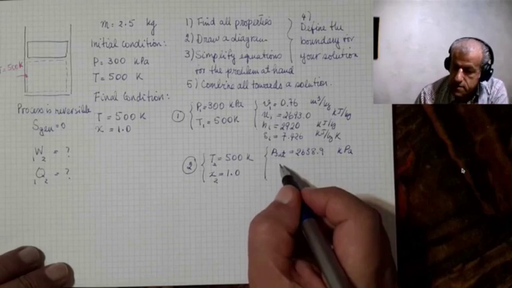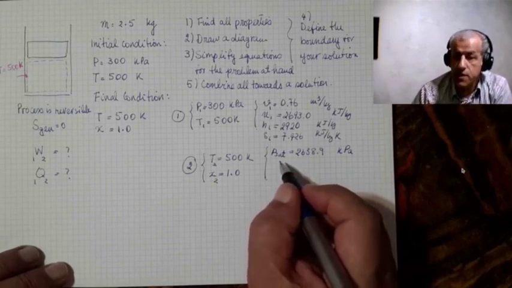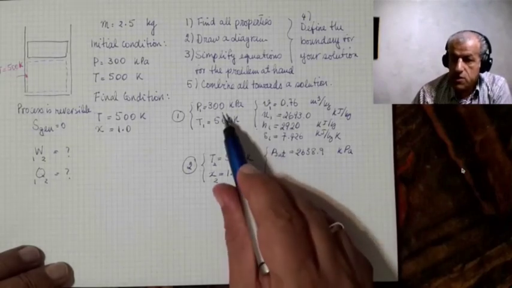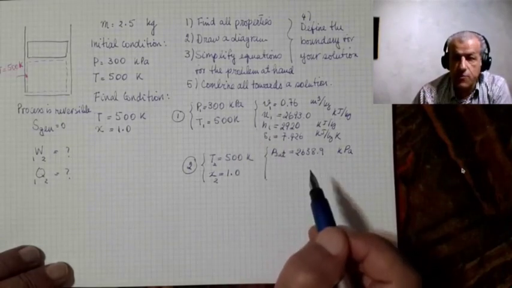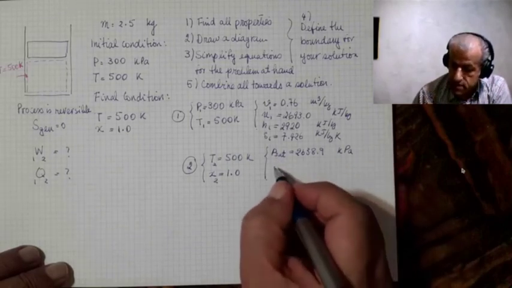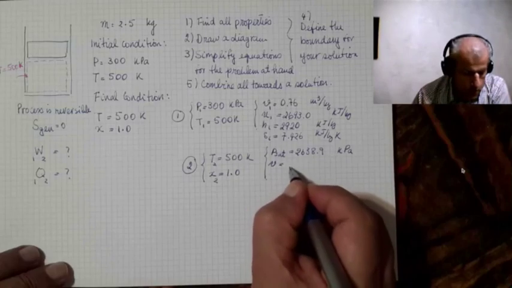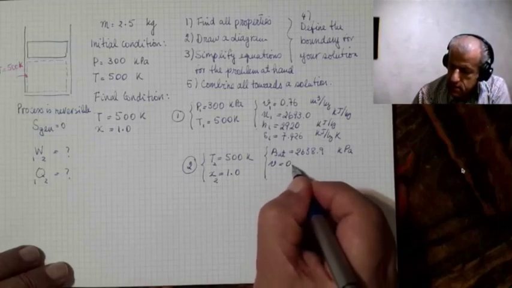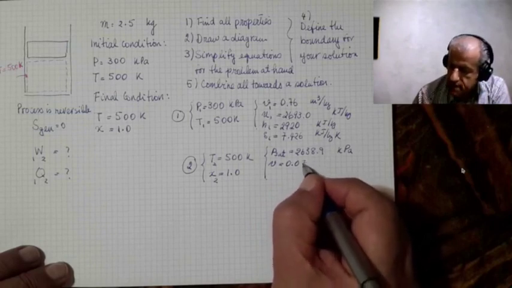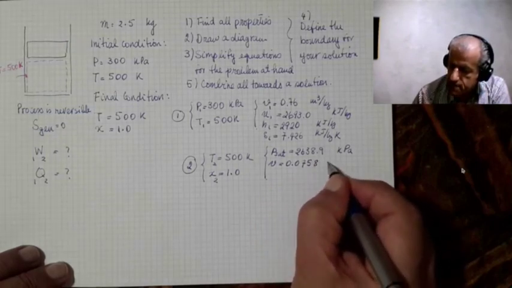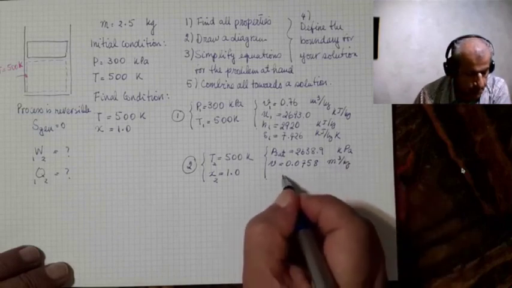So during the process, we have compressed saturated water or superheated water from 300 kilopascals to 2638.9 kilopascals. V, a specific volume, is 0.0758 cubic meters per kilogram.